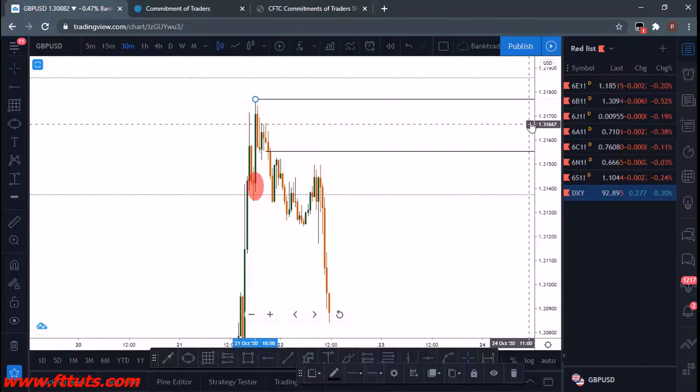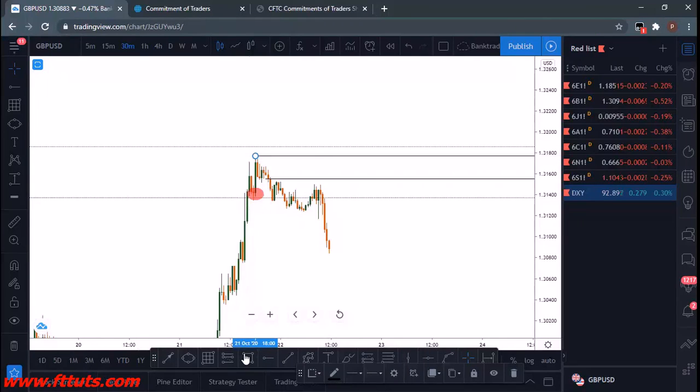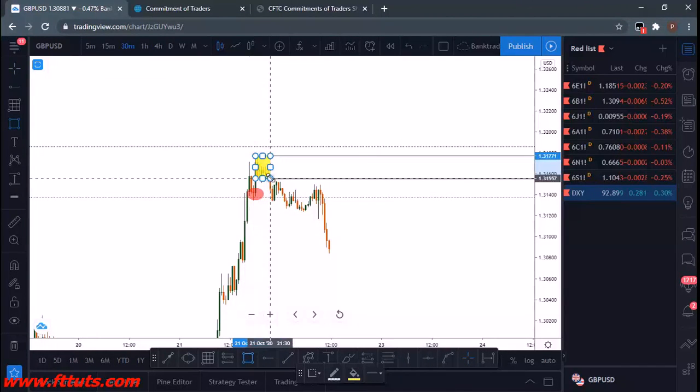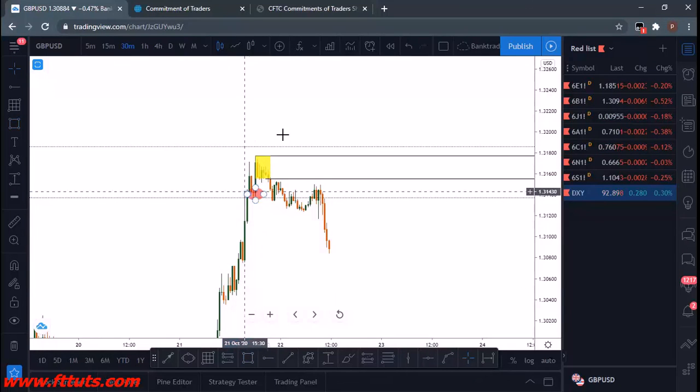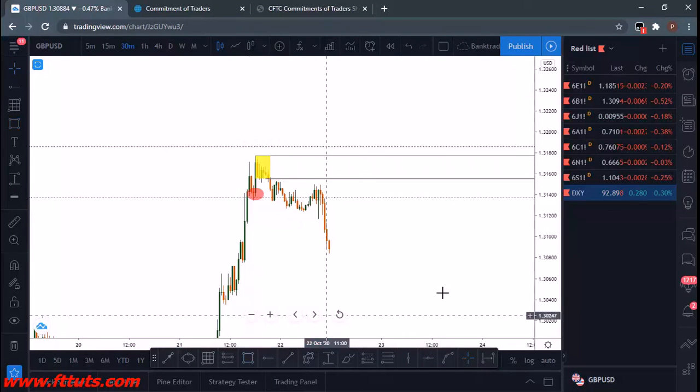If I'm looking at this on the 30 minutes, I'm going to check how many pips it is just to confirm. So price already tried to counter that area but didn't really do you justice, didn't even give you the entry.